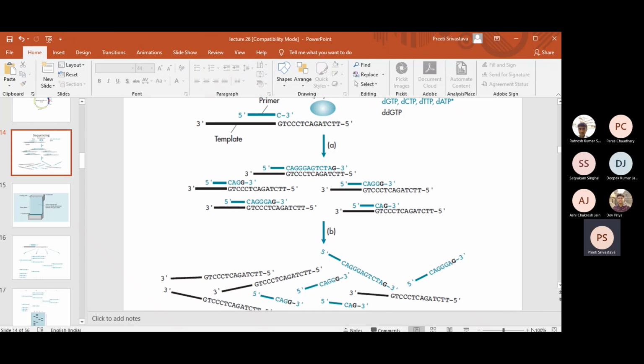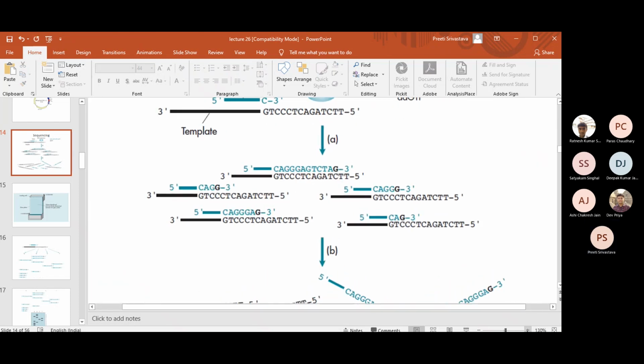Ma'am, just one question. M13 genome inside the M13 is single-stranded, so does it not form hairpin structures? Yes, it can form hairpin structures, but in the earlier days, two different experiments were performed with two different polymerases, T7 polymerase and another polymerase.